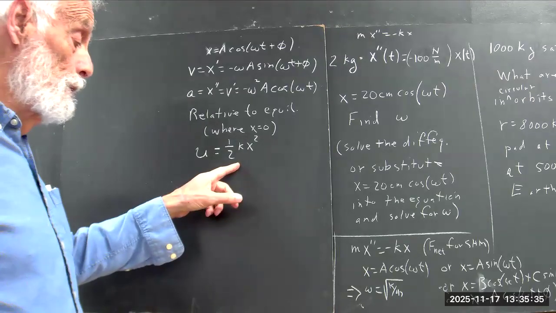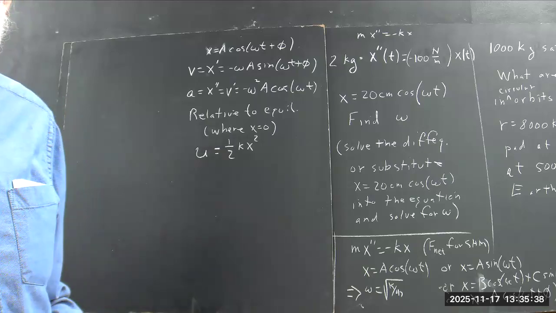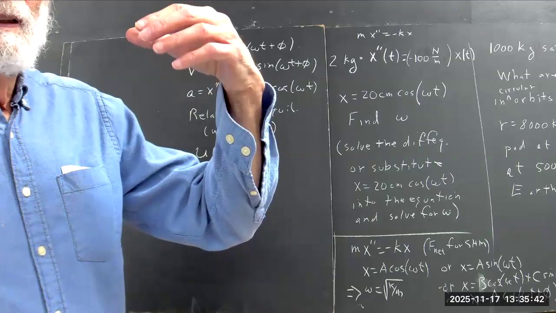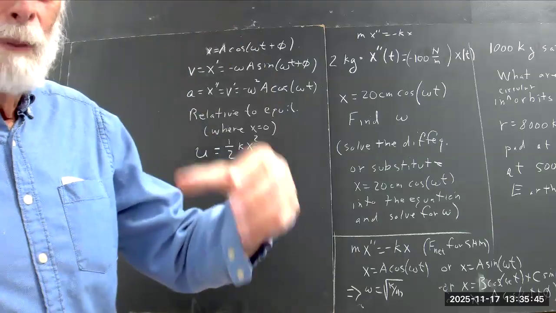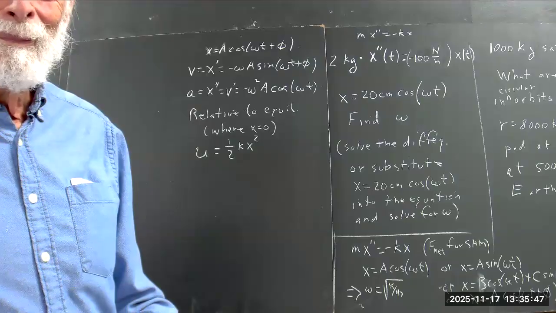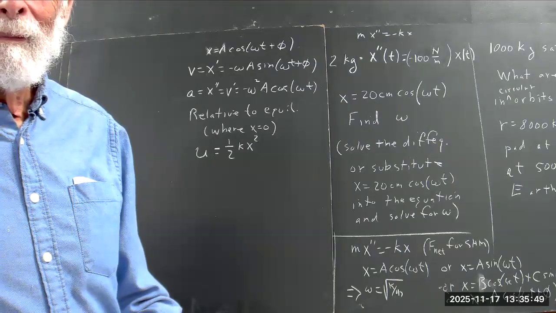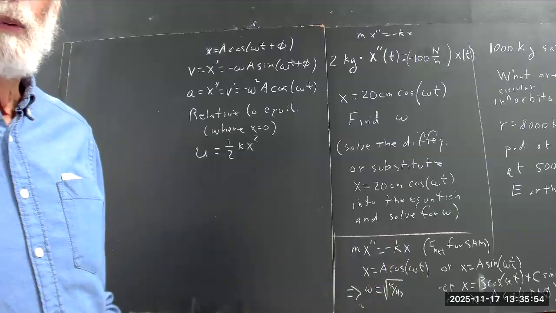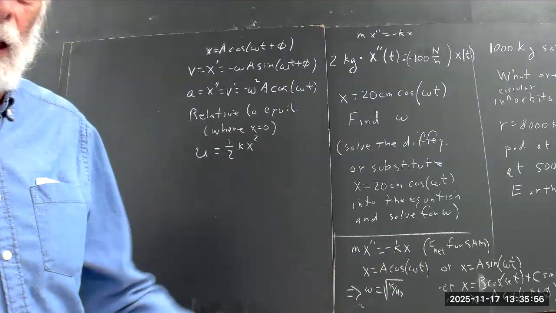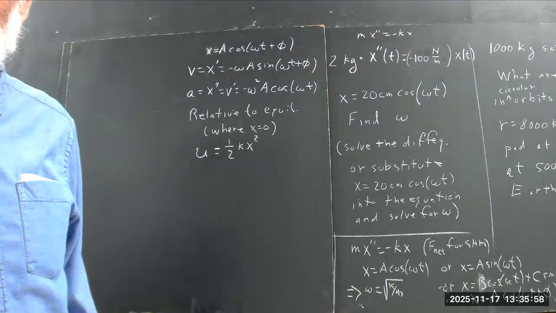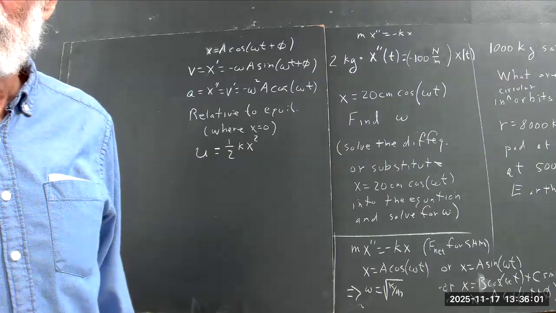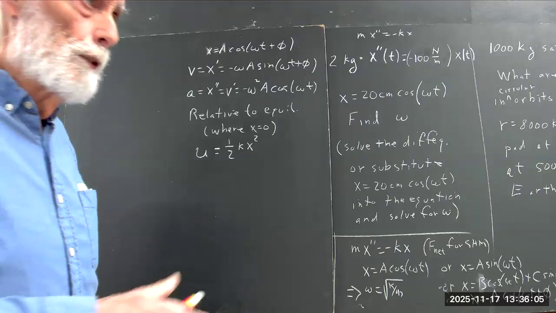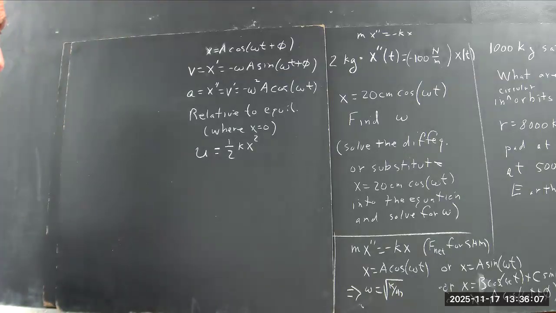For a pendulum, k is mg over L. We have negative big G, big M, little m over r for gravitation. And we have mgy or mgx or mgh near the surface of the Earth, or near the surface of a planet. You'd have to specify which g you're talking about.